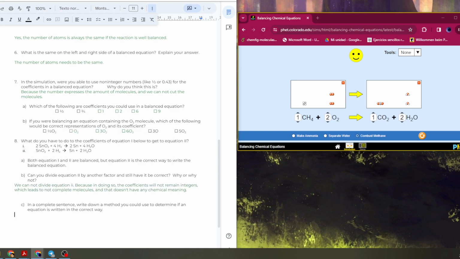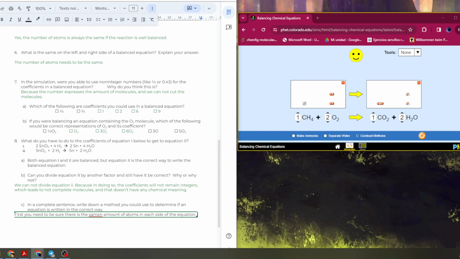Okay. Write down a method you could use to determine if an equation is written in the correct way. Okay. First, you need to be sure there is the same amount of atoms in each side of the equation.